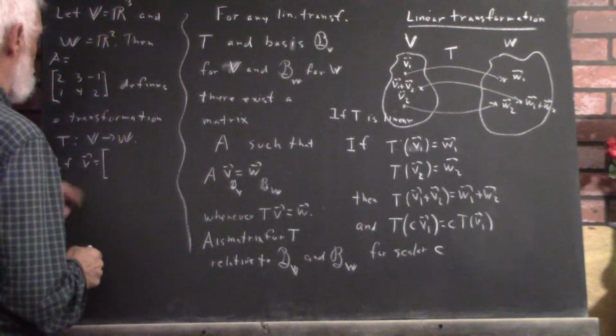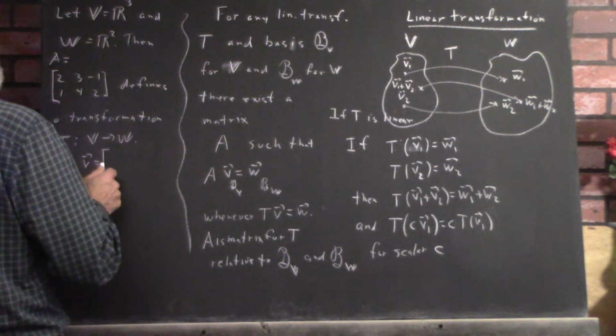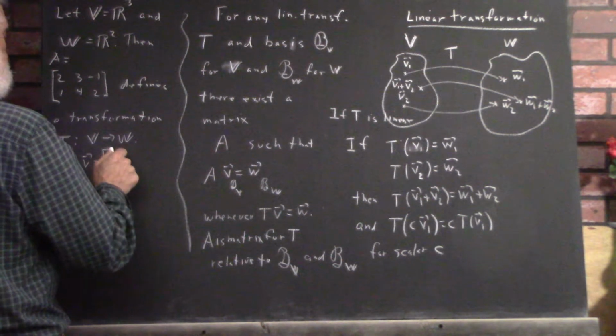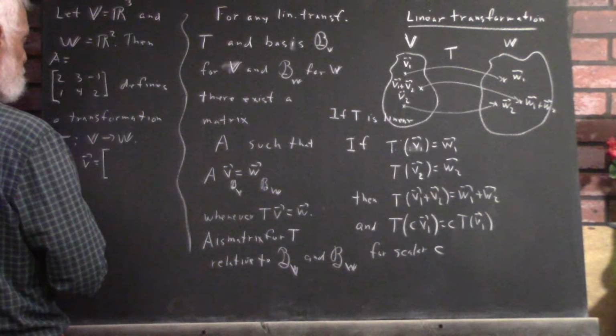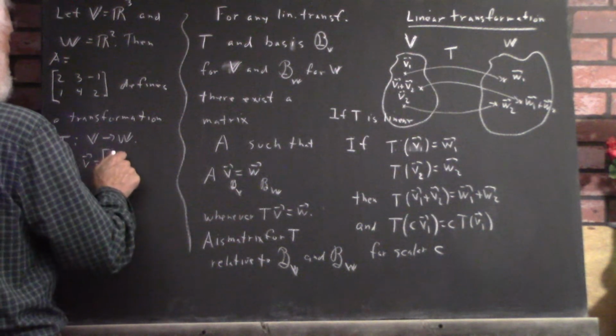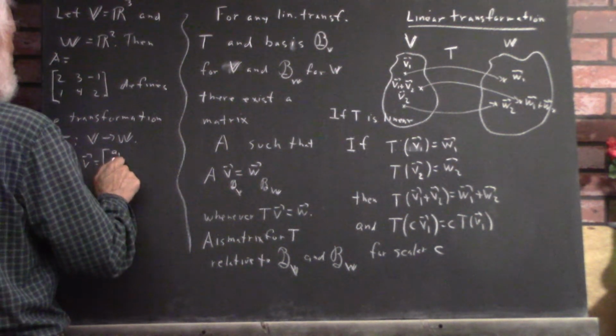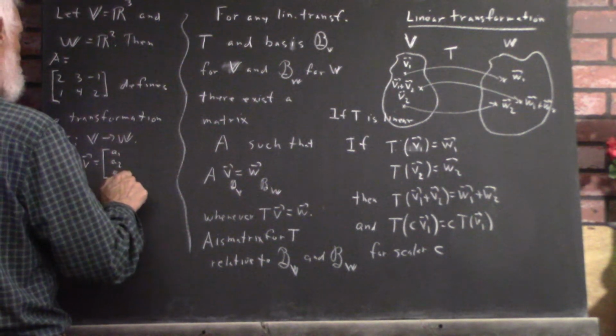Okay, for a vector V, I don't want to use V1, V2, V3, so I'll say A1, A2, A3.